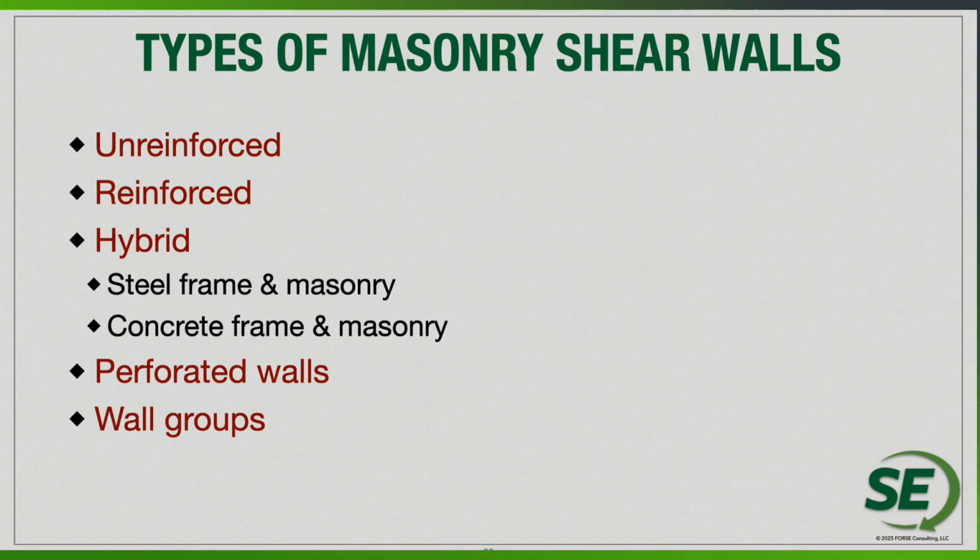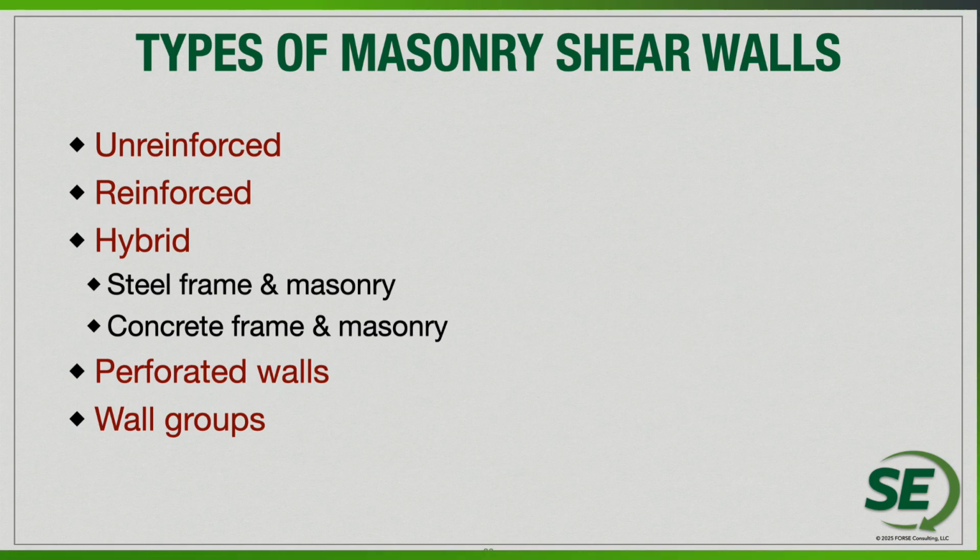So good examples might be a big box retail store where we have much length of wall and pretty low shear per foot in the in-plane demand. Other examples would be obviously multi-story buildings where we have a lot of load bearing that can increase the overall gravity forces to keep the in-plane shear force relatively low. So again, unreinforced could be possible, but we know a little bit of reinforcement goes a long way.